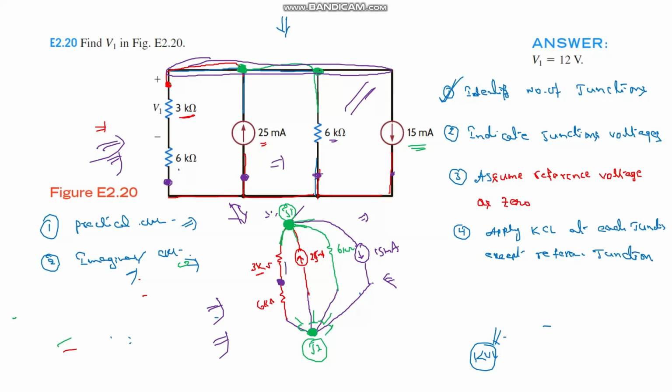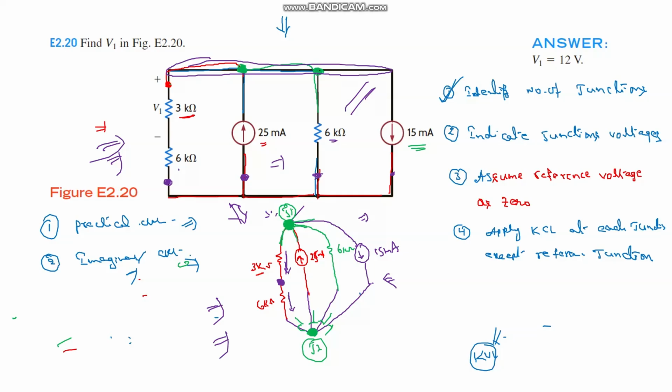Here it is a node, because a 3 kilo ohm and a 6 kilo ohm are connected together. The current passing through the 3 kilo ohm resistance is exactly equal to the current passing through the 6 kilo ohm, since these two are connected in series, and the same amount of current passes through them.